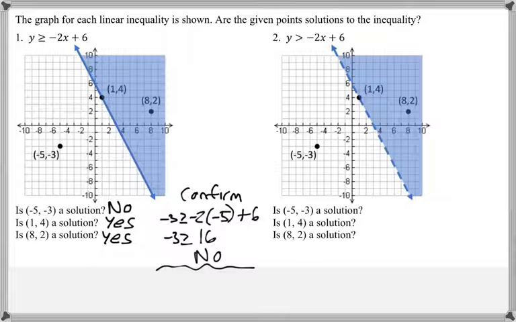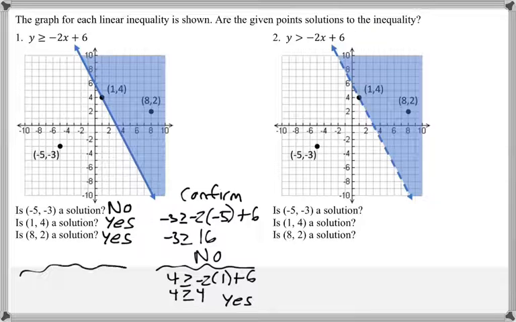So now let's plug in 1, 4. And we get 4 is greater than or equal to 4. Yes, that is true, and that is consistent with what we found here. And then finally, is 8, 2 a solution?